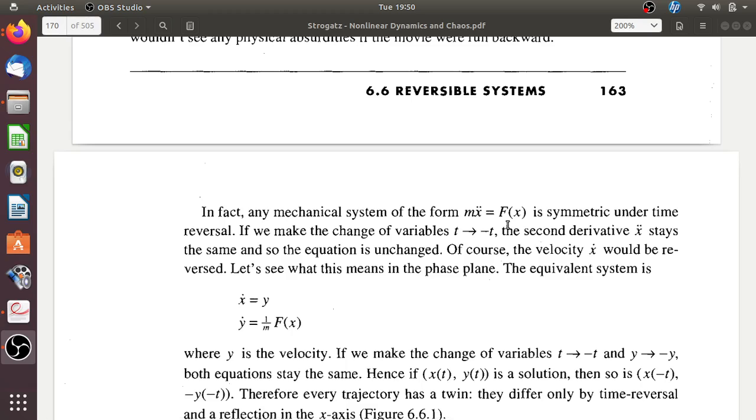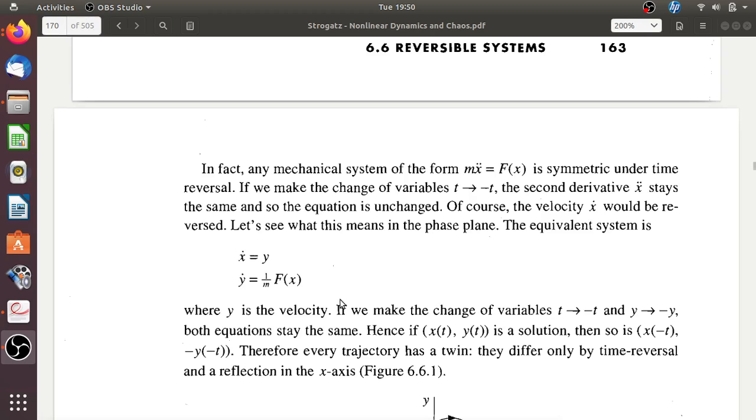Now we could convert this equation into this form, right? Let's see within this form how the system is unchanged when we do this transformation. Let's consider this equation. In this equation, let's just consider x dot. When I do the time reversal, this x dot becomes minus x dot.